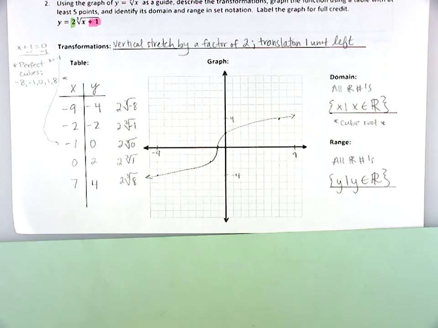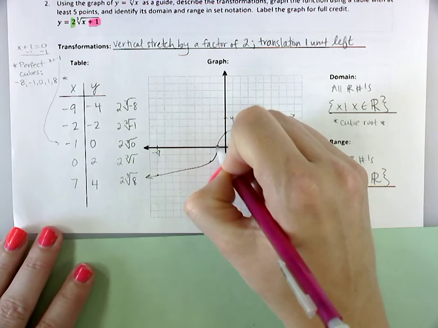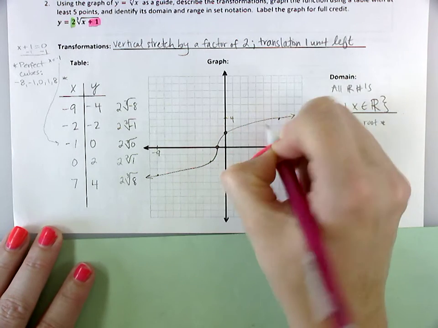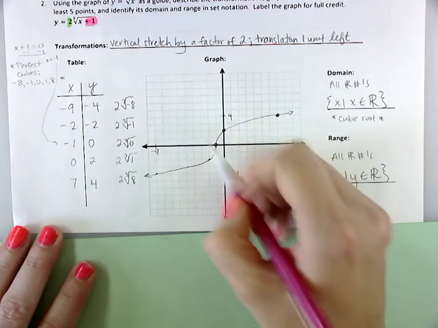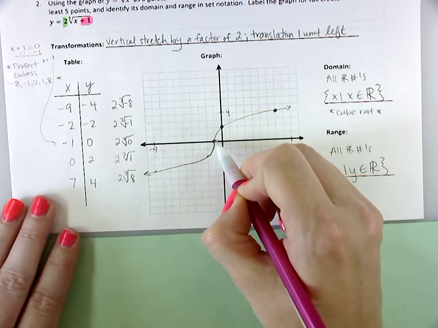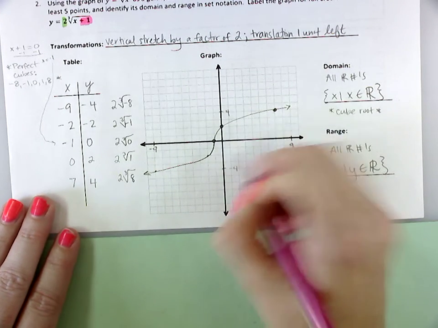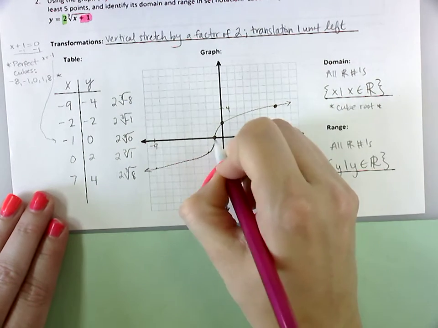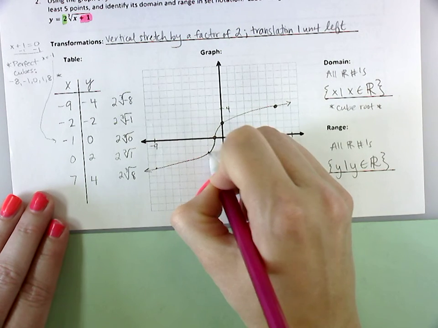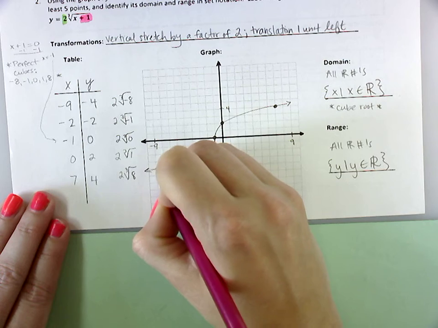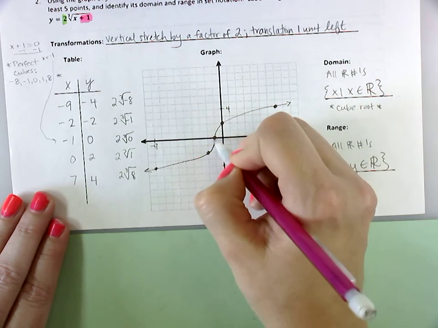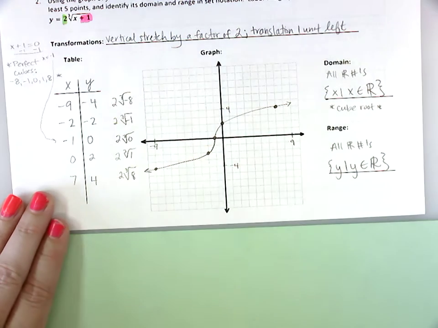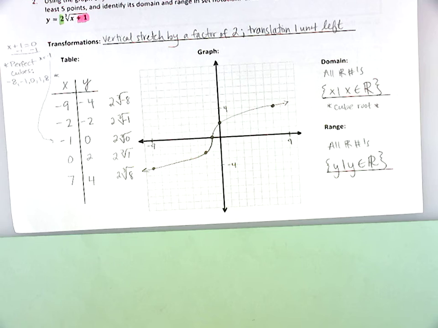Okay, and then remember how I showed you that you can curve these through? So after I plotted these 3 points, I actually graphed this part first. So this is what I did. I did 1, 2, 3, and then I curved it this way. And then I did 1, 2, 3, and then I'm curving this way.